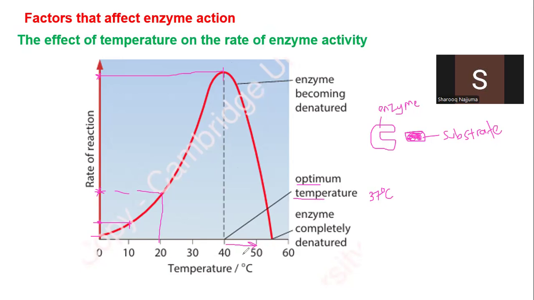The moment the temperature increases beyond 40 degrees Celsius, the rate just decreases. Why?